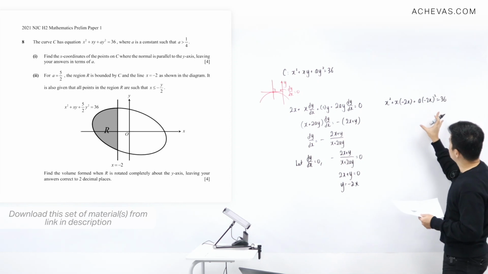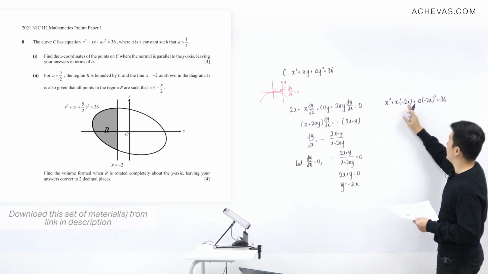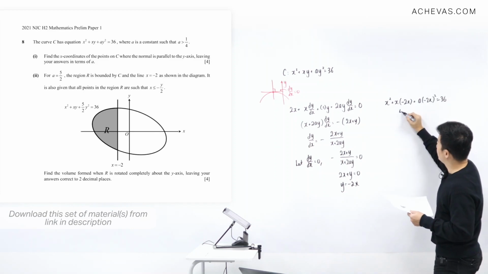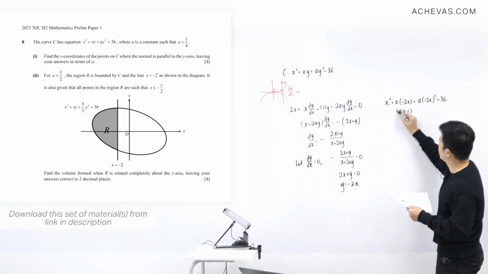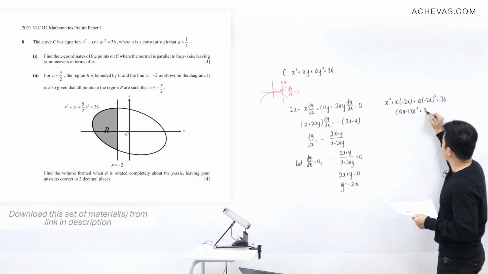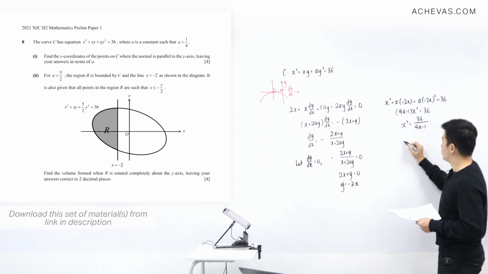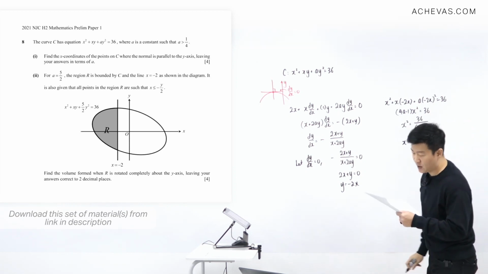If I combine the left-hand side together, we have 4a minus 1 times x squared equal to 36. So x squared is equal to 36 over 4a minus 1. So x here is equal to plus or minus 6 over the square root of 4a minus 1.